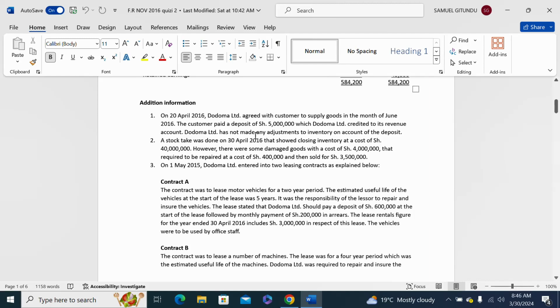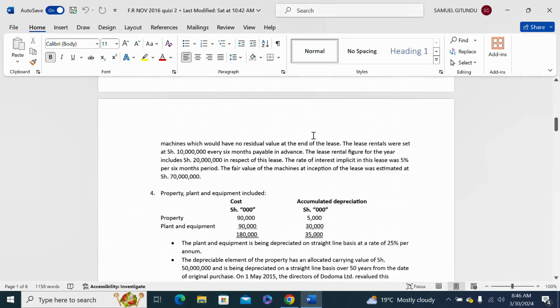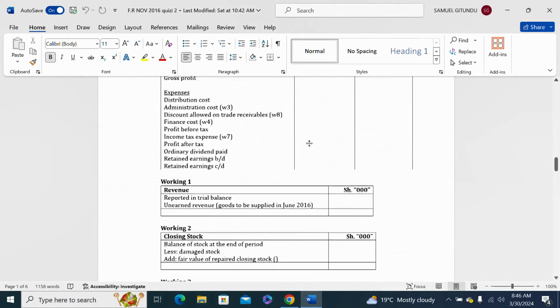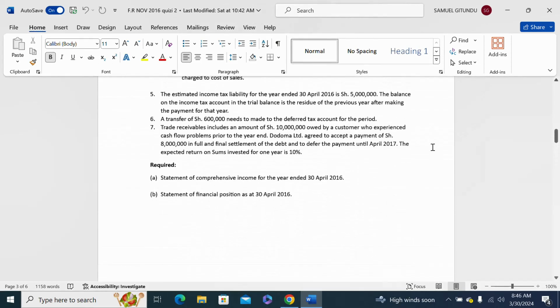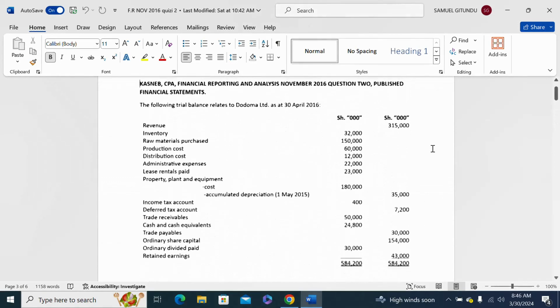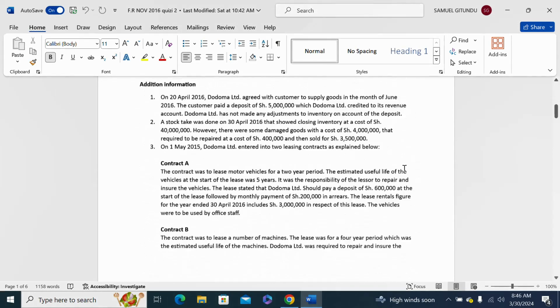So it means that our first working will be to take revenue. Working number one, we take revenue that is reported in the revenue as per the trial balance. We check how much is the revenue as per the trial balance. The revenue is 315 million.